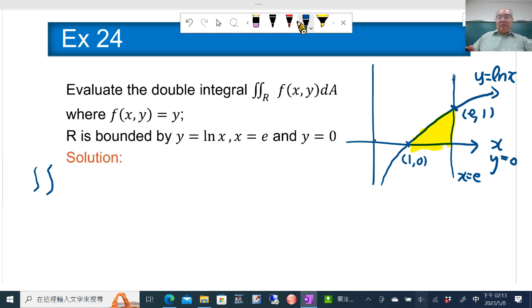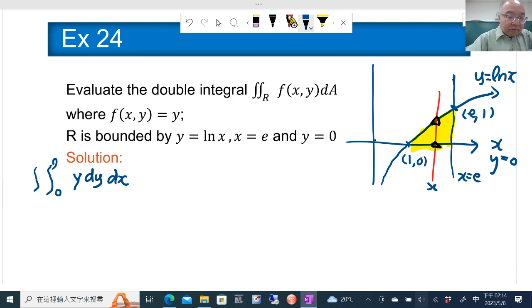Okay, type 1 means fix x first. And we begin from the lower end to the higher end. So our function is y, and integration will be dy dx, and given the x, y will be starting from 0 to ln x.